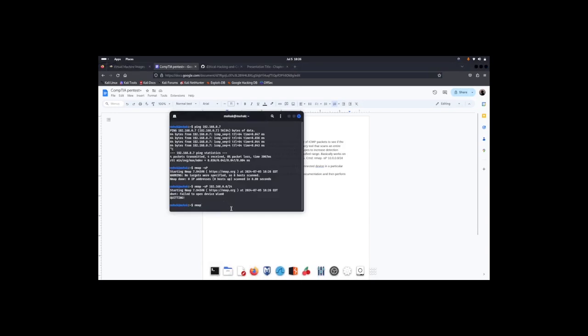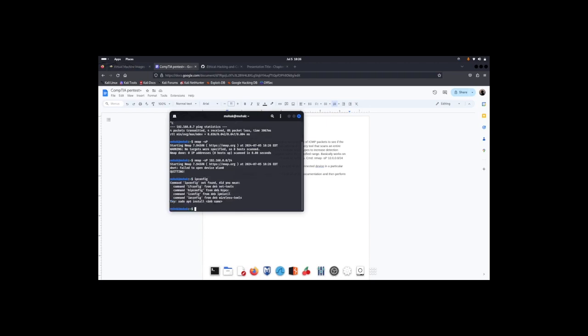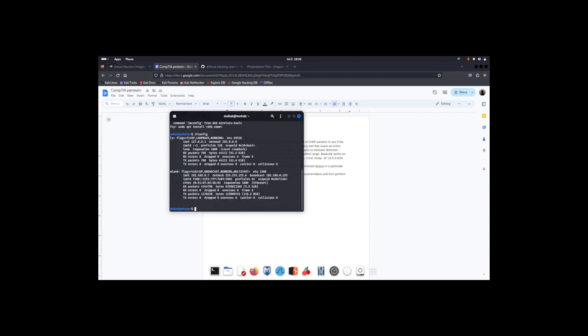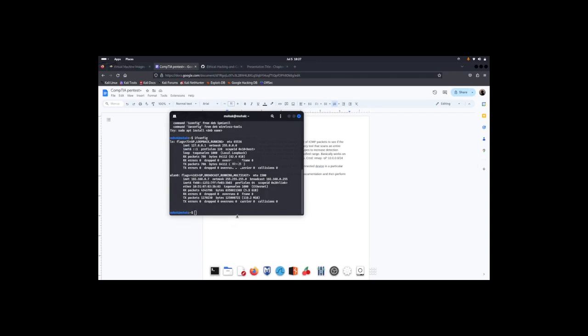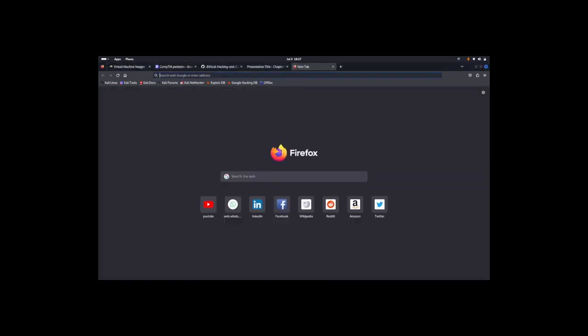Okay, ifconfig. I don't have a lot of subnets because obviously I don't have a network or something like that, but let's just go for a test.